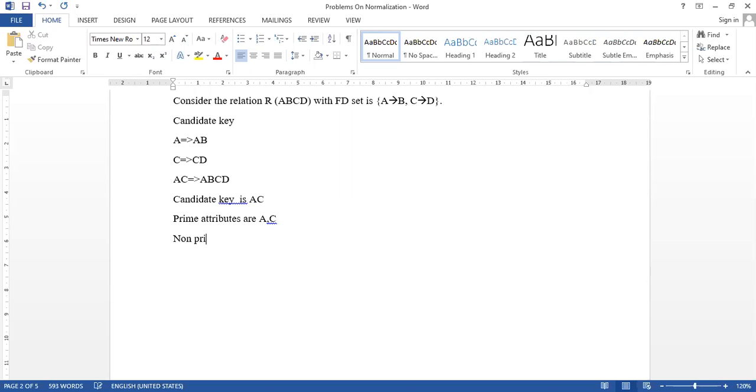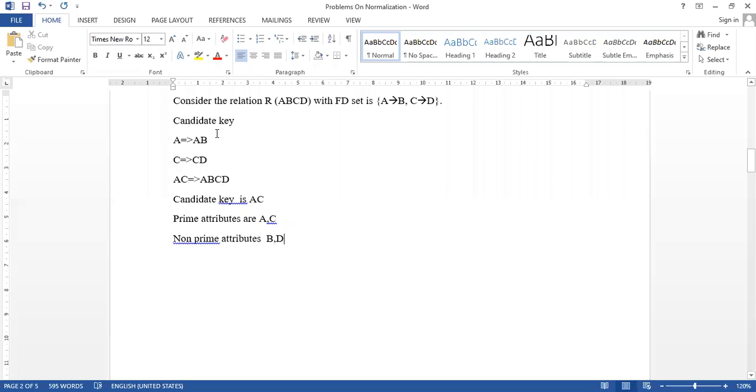Non-prime attributes are B, comma D. It means non-key fields, right?